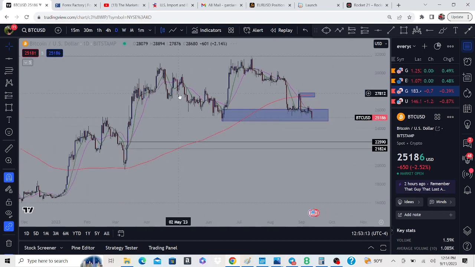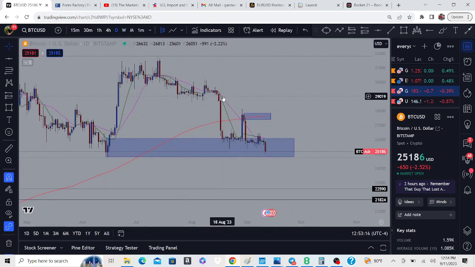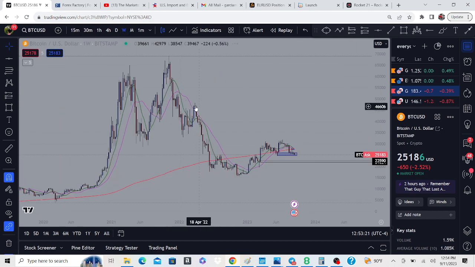we can easily see price getting up to 29,000. If price respects 29,000, we may be getting some sort of consolidation or even pullbacks. If price does not respect that zone, the next target for Bitcoin is easily this right here, which is targets of around, let's see, the lows, around 40,500 easily.